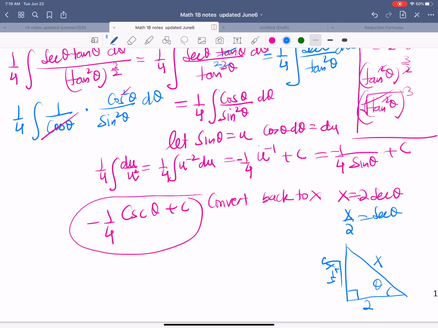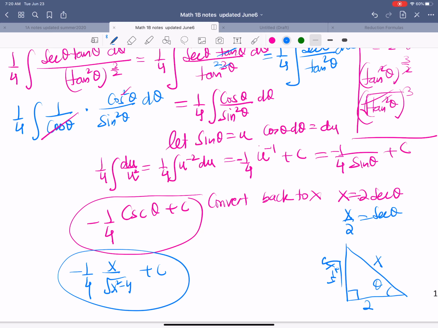Now we just go ahead and replace. Cosecant theta is reciprocal of sine theta. Sine theta is opposite over hypotenuse. Cosecant would be hypotenuse over the opposite, which turns out to be this, and that would be the end of our problem. We evaluate that integral in terms of x.